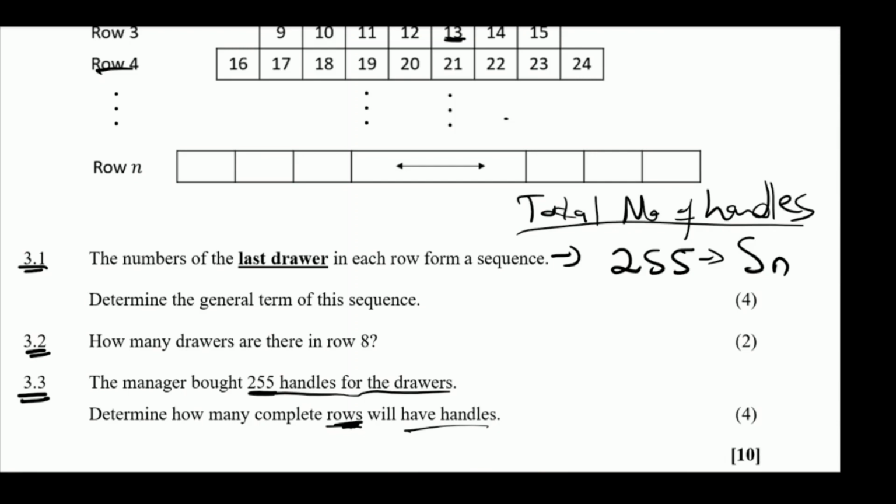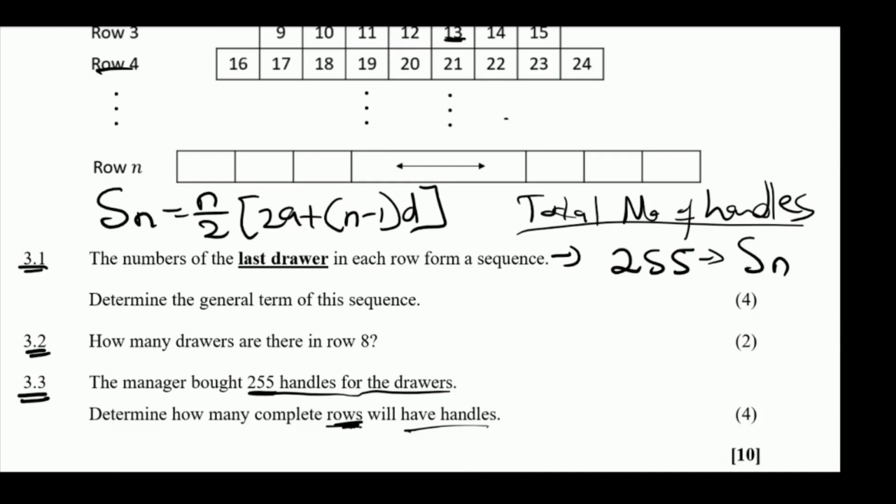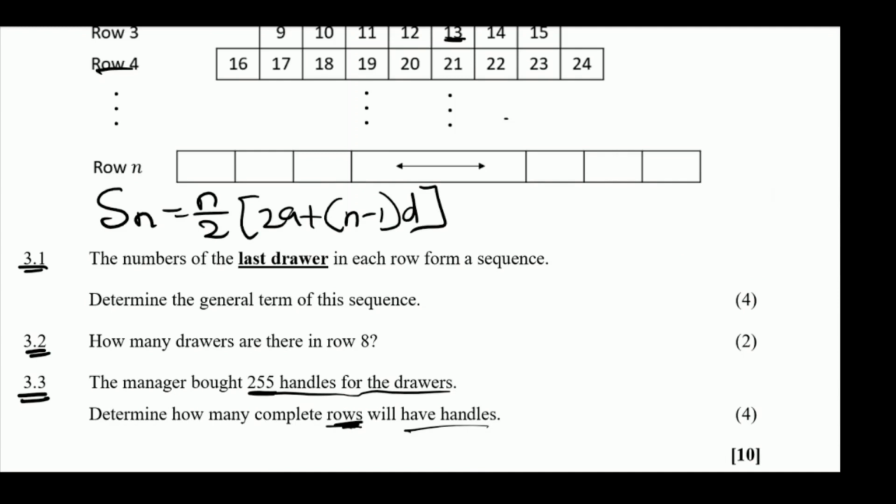Remember that in this question we realize that we're using an arithmetic sequence. So we're going to write the sum of an arithmetic sequence, n over 2 times (2a plus (n minus 1)d), right? We know the value of a to be 3.